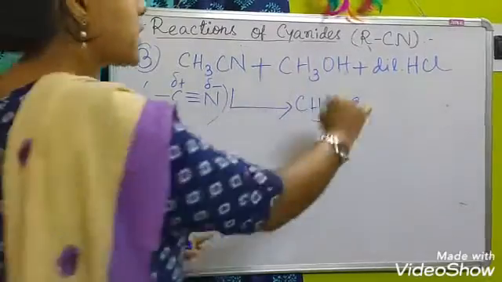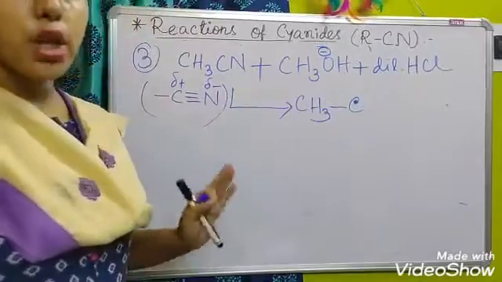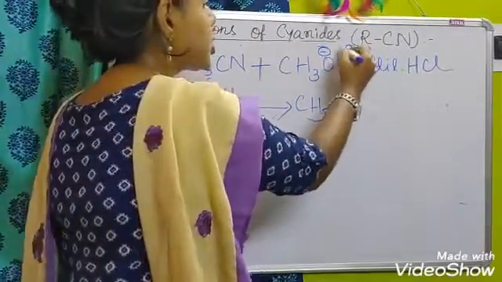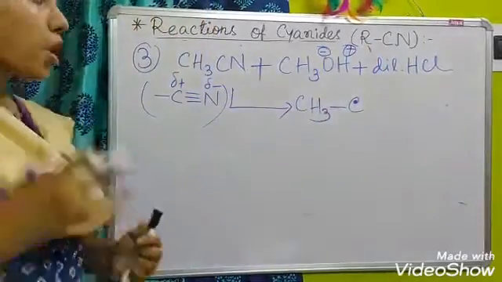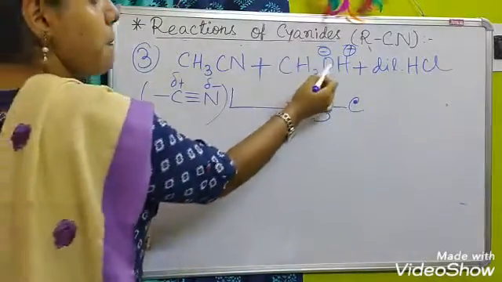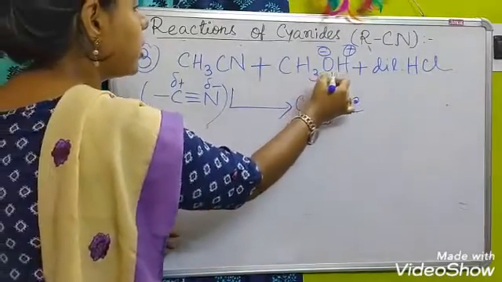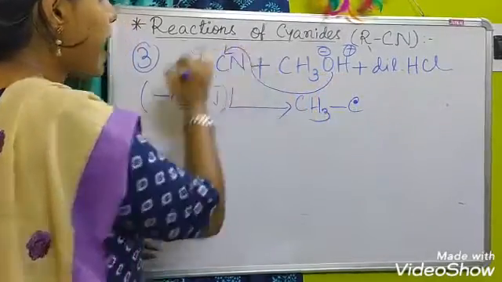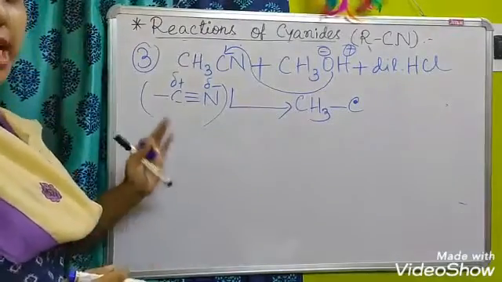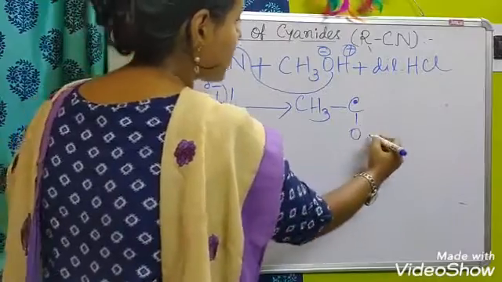And in case of this methanol, it has a minus charge on the oxygen and the plus charge on the hydrogen. So again, this negatively charged methoxy group will attack on the carbon of cyanide.